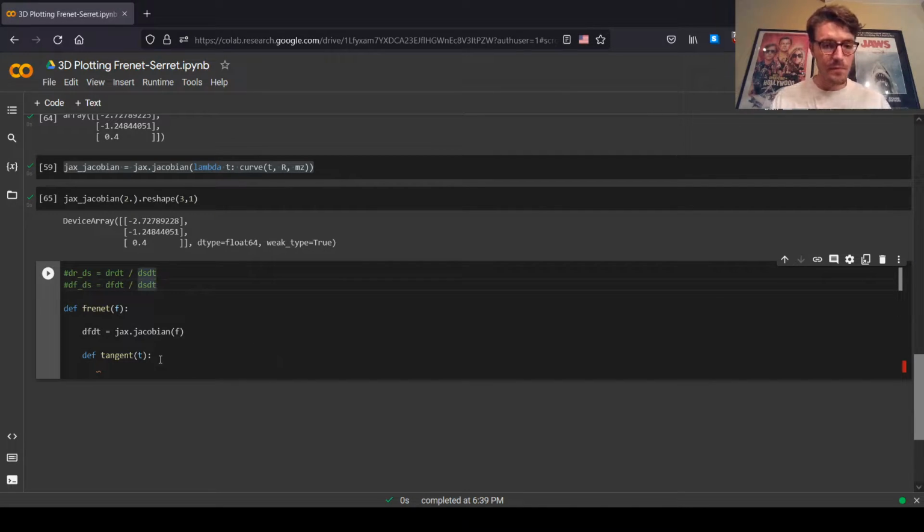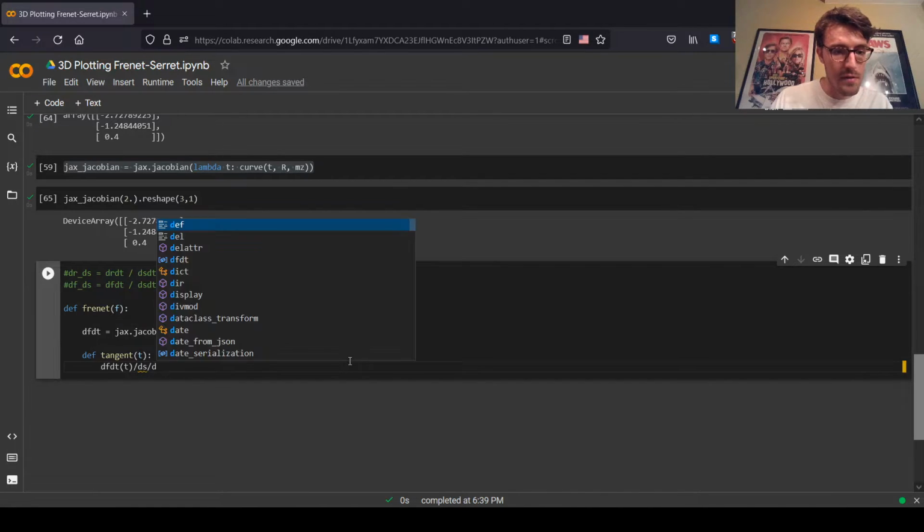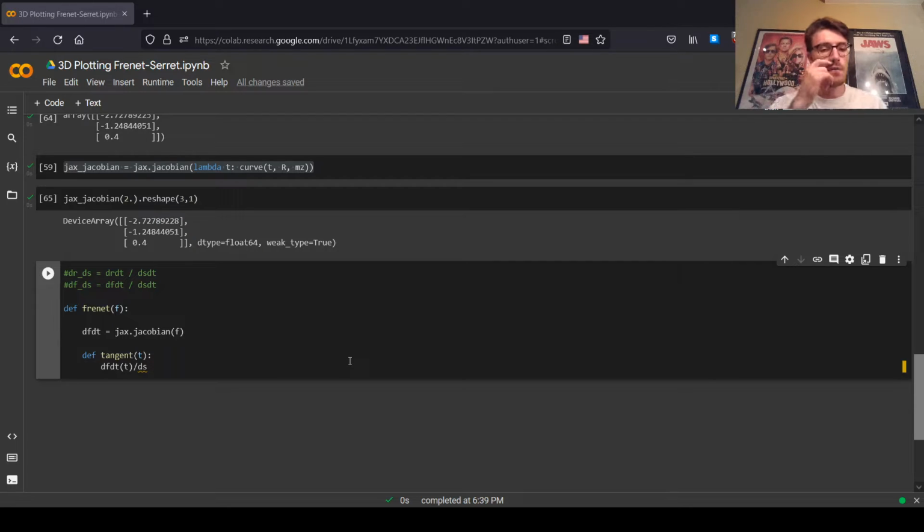So it should be our df dt at some given time, as we defined here, and that divided by ds dt. If you divided these, the dt's would cancel, so how do we want to name that, I guess? Because it's something that we don't know.